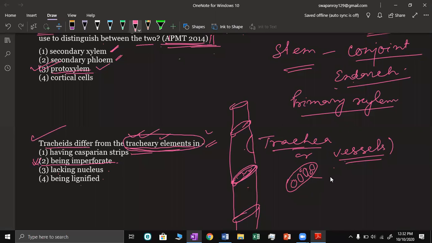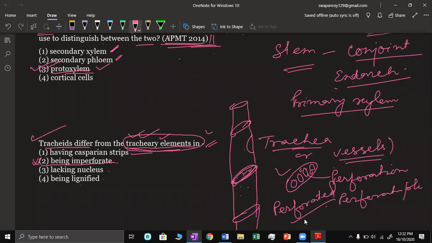This is called the perforation or the perforation plate. So these vessel elements are perforated. Their end wall has many holes, and the tracheids don't have this.